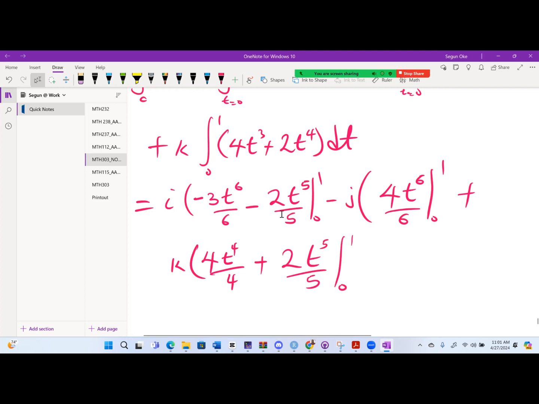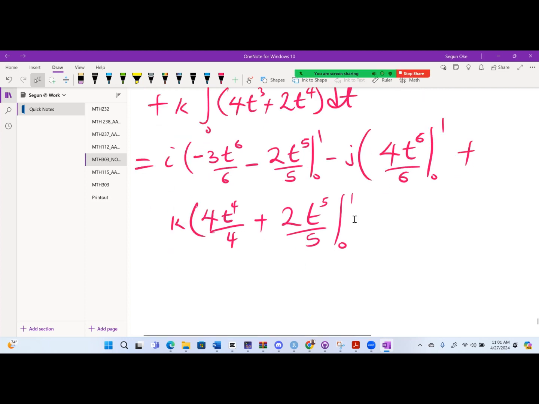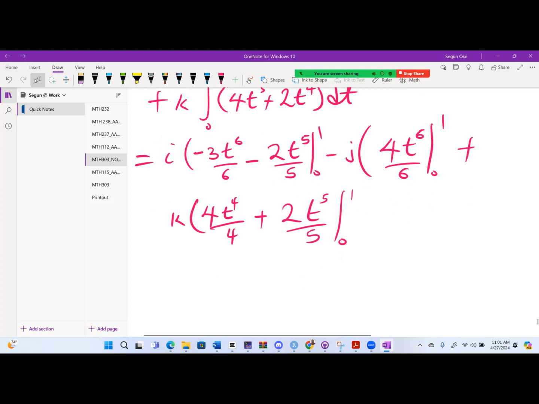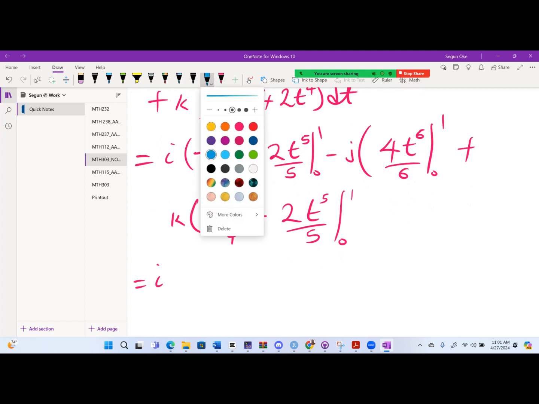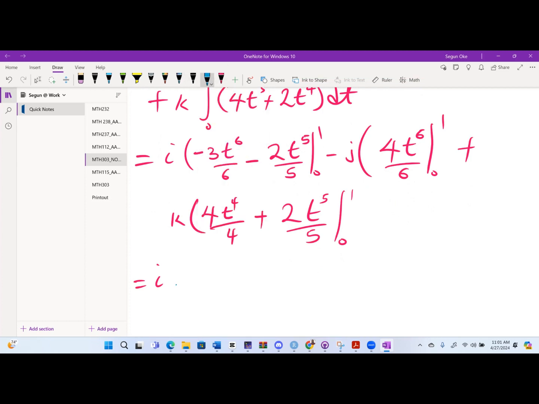So when you resolve, let's resolve the first one. What do we have? The component I will be what? What is I now? Let's resolve I. We have minus 3 over 6 minus 2 over 5.